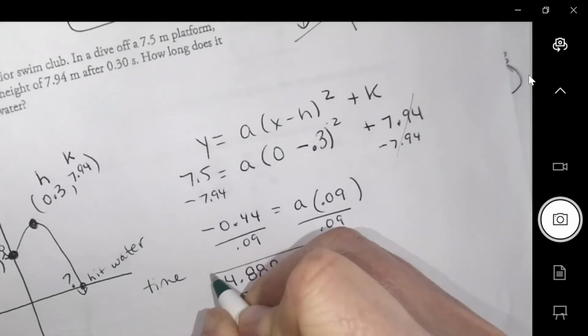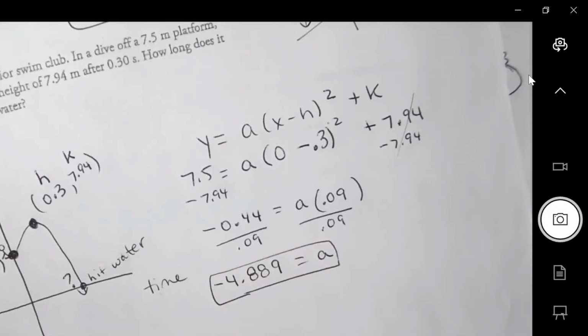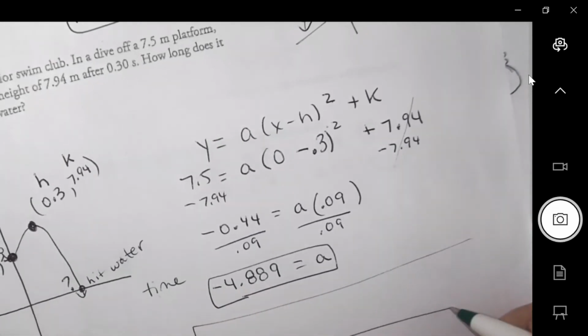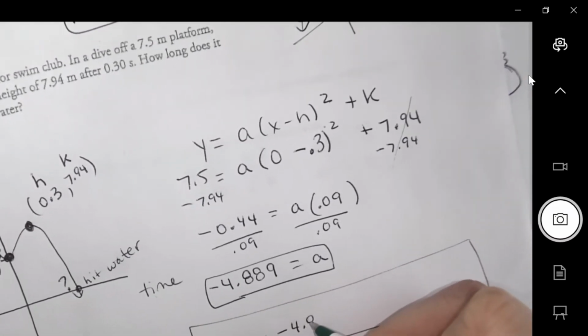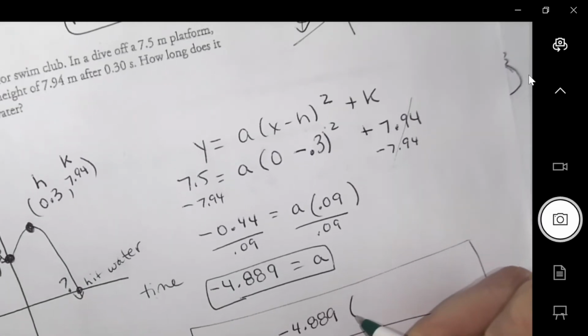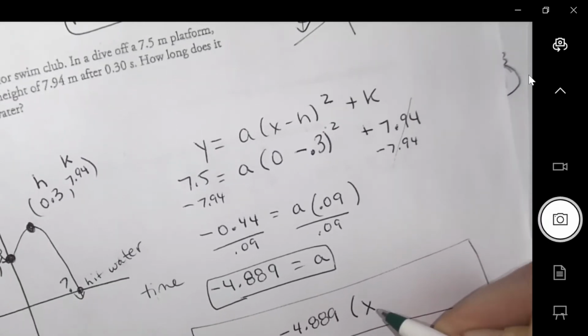I'm going to go to 3 decimal places here because I really don't like to round stuff, but since it's a big decimal, I'm going to go 3. Okay, we're ready to put it into our calculator. So what is the actual equation I'm going to put in? Y equals negative 4.889. Leave x.